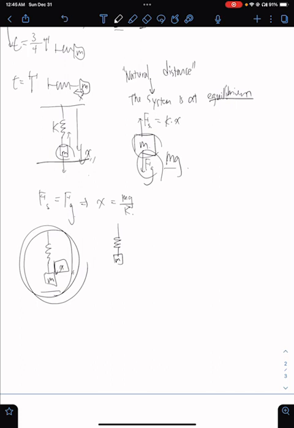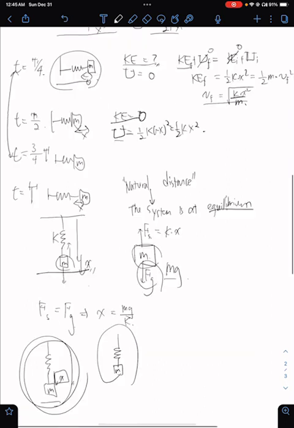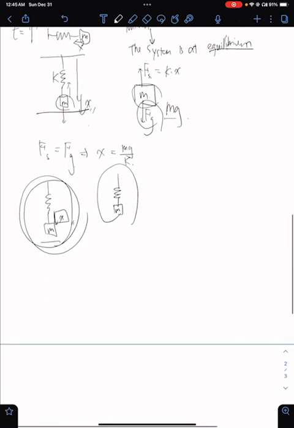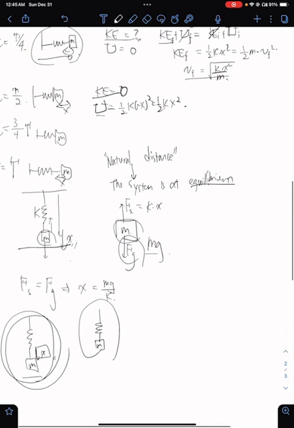Don't forget that. The original length of the spring, when it's not draping down or extended, was equilibrium up there. Down here, it no longer is. That's the one little thing that shifts here.